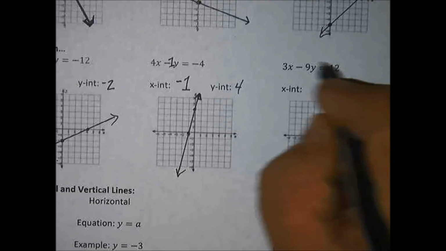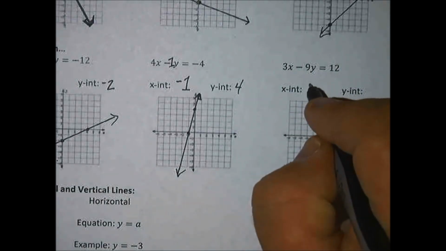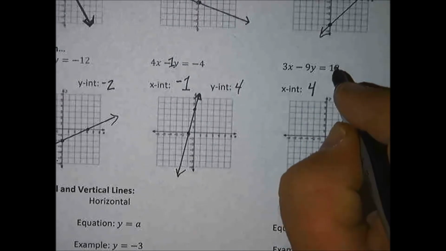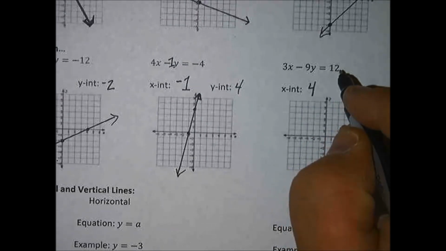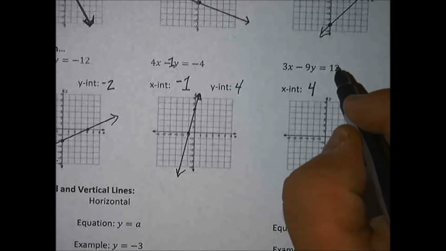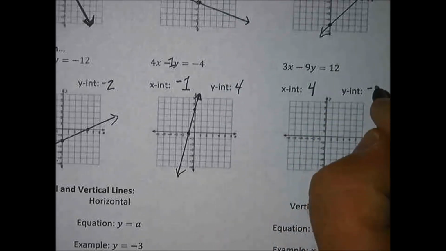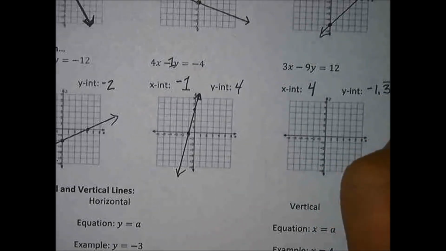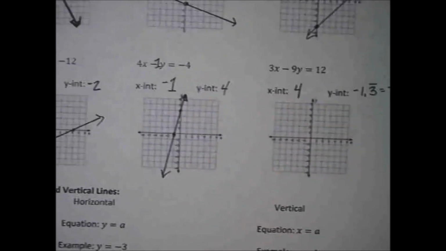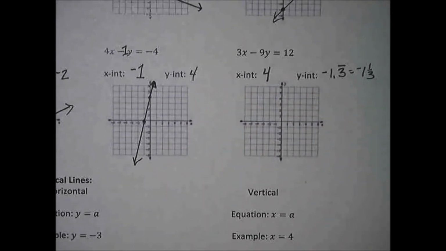So this one we have C over A. That's 12 over 3, which is 4. And this one's a little bit ugly. It's 12 over -9, which is -1.3 repeating, or -1 1/3. Whatever helps you to graph that.